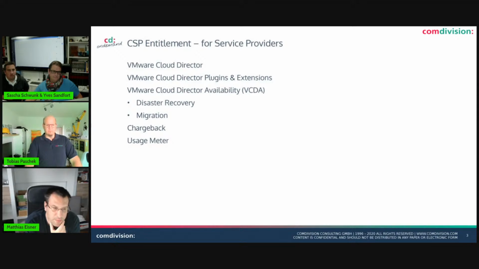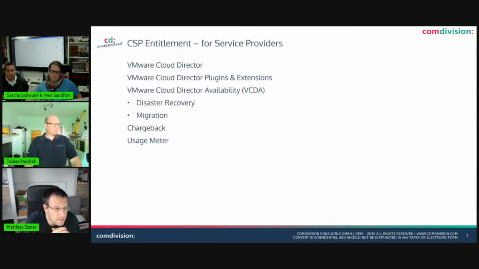So on top for service providers, we have the CSP entitlement, and that is, as far as we know today, unique for partners entitled in the service provider program. The CSP entitlement contains Cloud Director plugins and extensions, the vCDA, but the change to prior is that we have both licensed, which is disaster recovery on the one hand and migration for vCDA on the other hand.